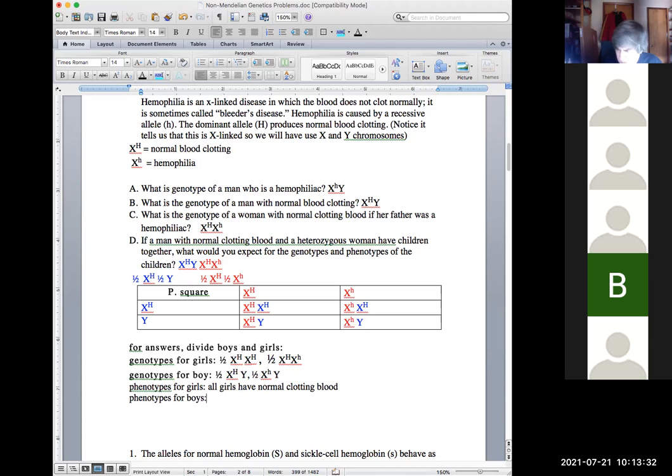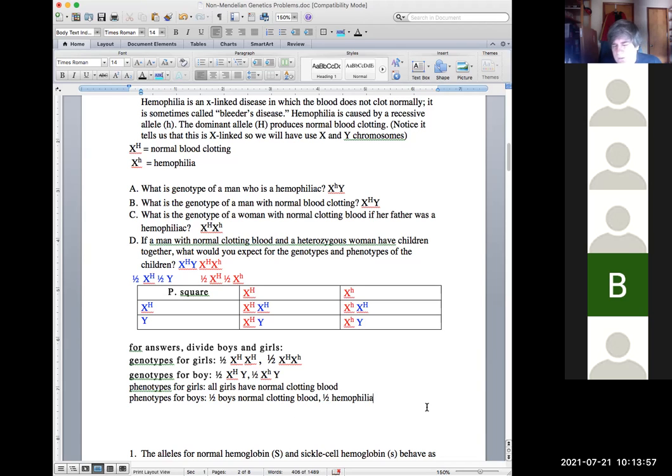Now, what can we say about the boys? Half of the boys have a big H, half of them have a little h. So if we look at the boys, half the boys have normal clotting blood, half of them have hemophilia.